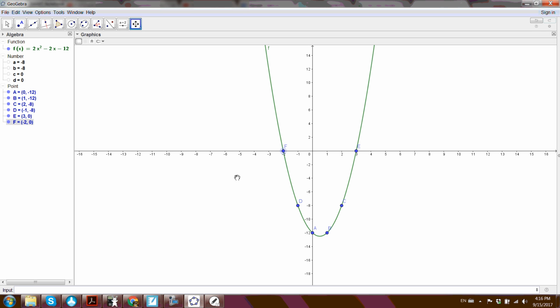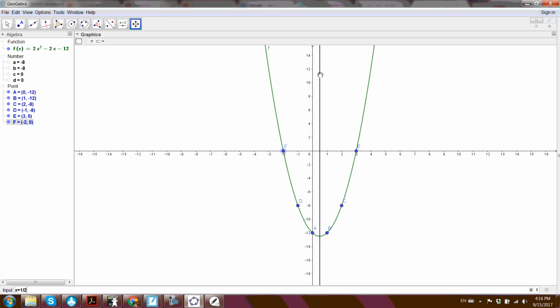Okay, so now notice the symmetry of this graph. There's a line of symmetry for this graph. It's this vertical line right here, and the equation of that vertical line is x equals 1/2.